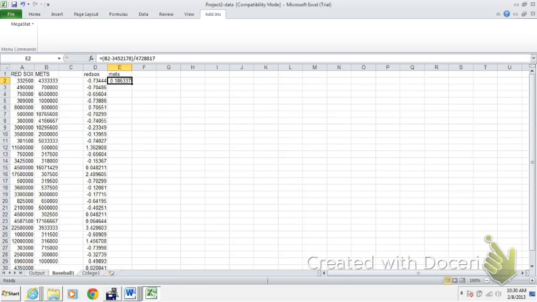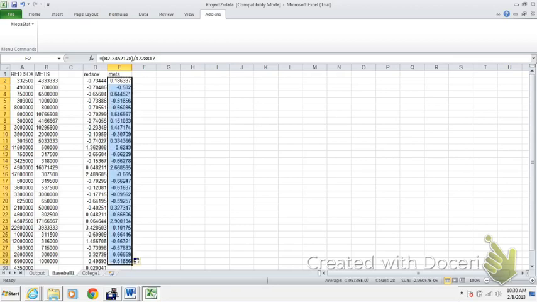And now again, you're used to that. Let's go to the bottom right corner, click and drag all the way down till the last observation of the Mets, which was this observation. So again, what that does is it enables you to look for the Mets.